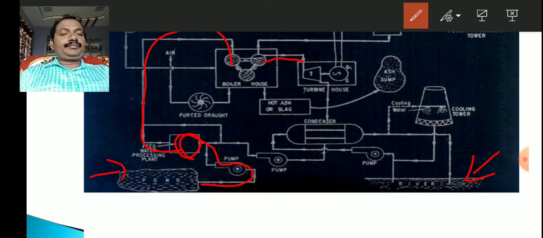Next, instead of pond water, river water also may be taken.